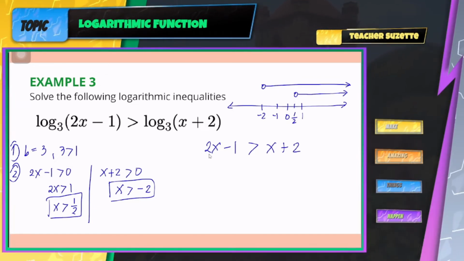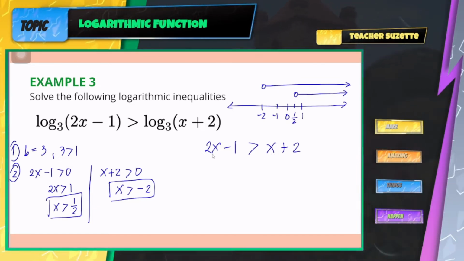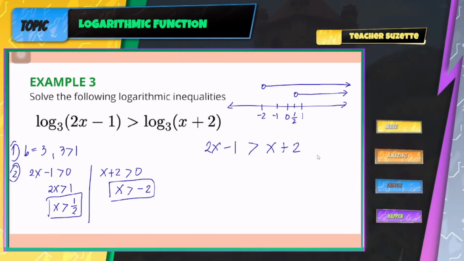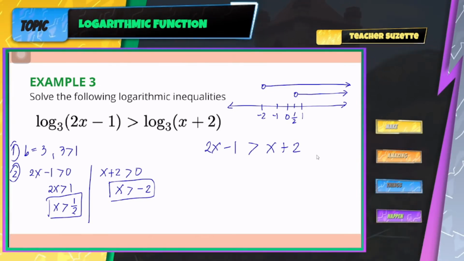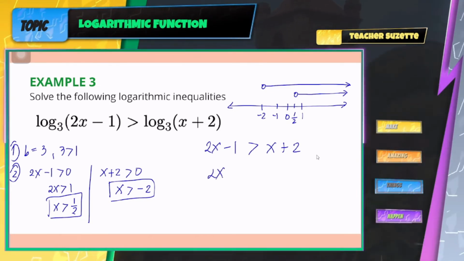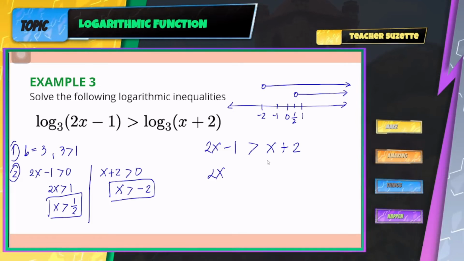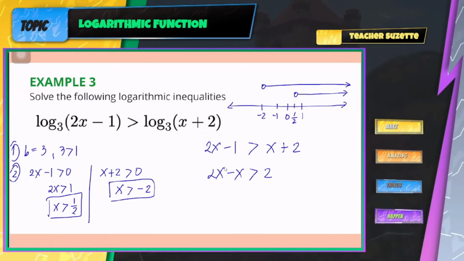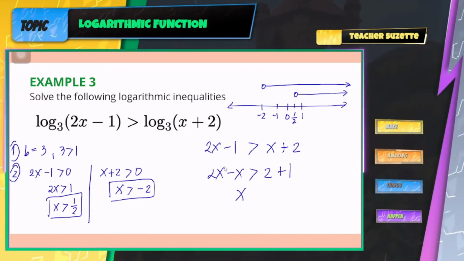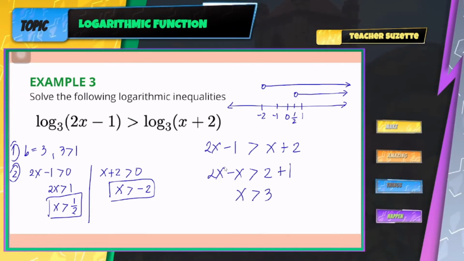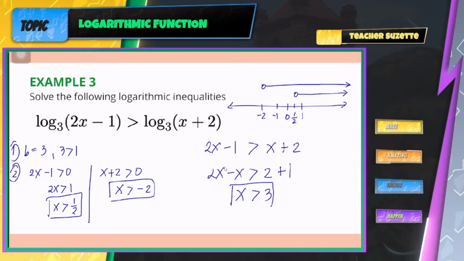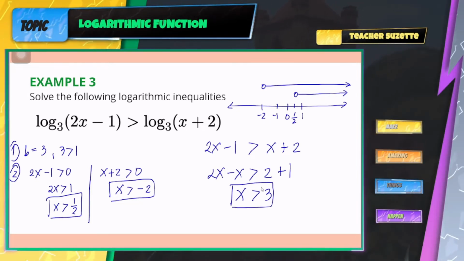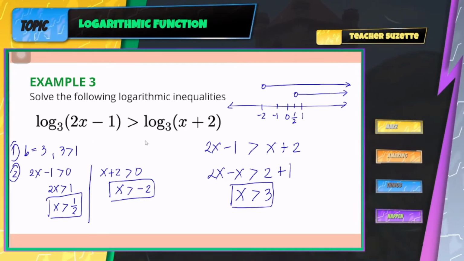Now, to solve for x, let's isolate x and transpose the terms. You will have 2x, then transpose negative x greater than positive 2, transpose the negative 1 to positive 1. So, we will have x is greater than 3. This is what satisfies our logarithmic inequality.